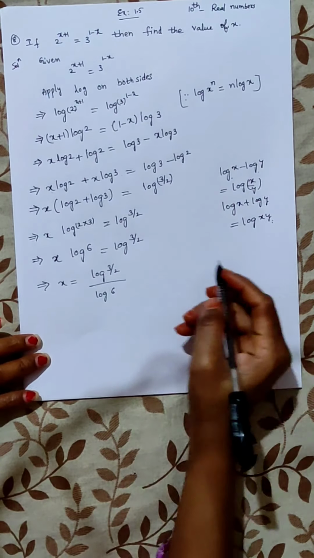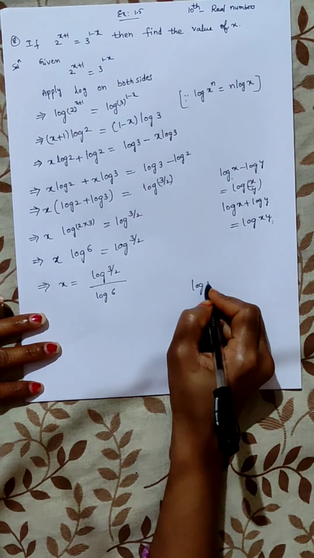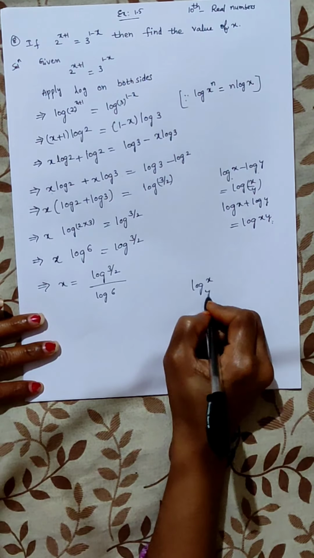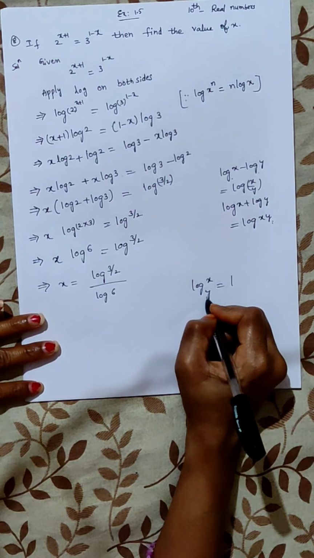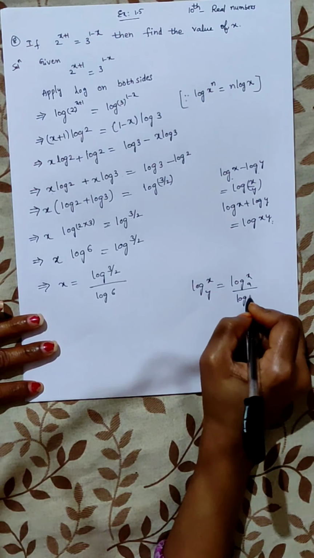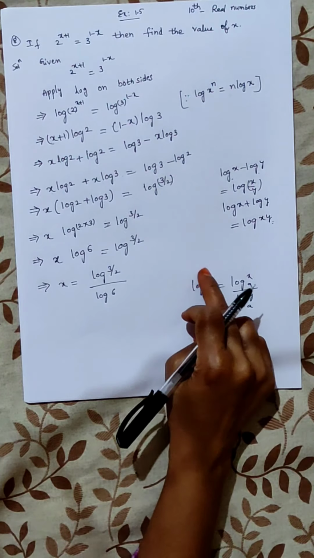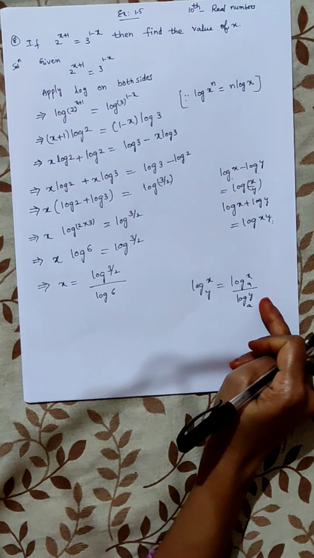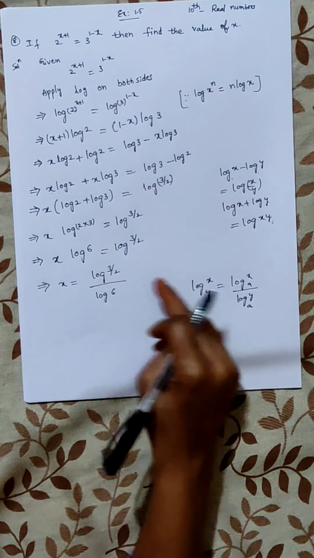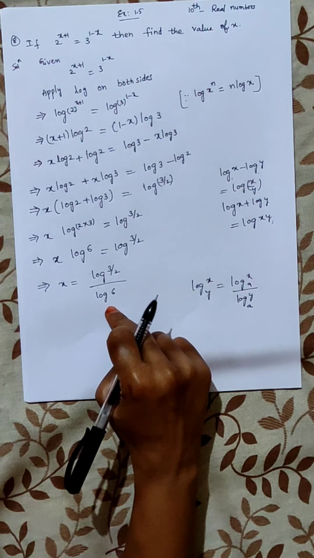See here, we have one more formula: log x base a by log y base a equals log x base y. Whenever we have it in this form, you can write like this. Here we have the same bases, nothing is written means 10 is there, the common logarithm.